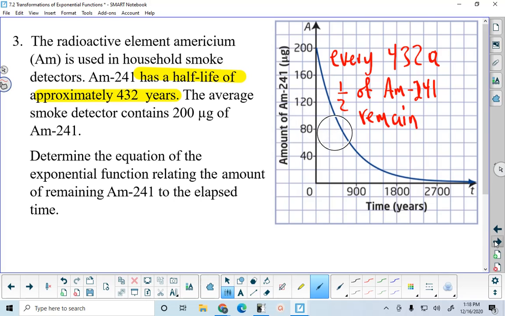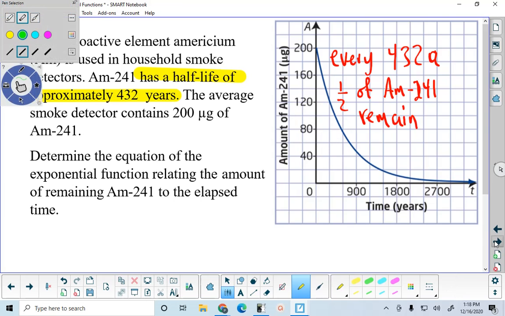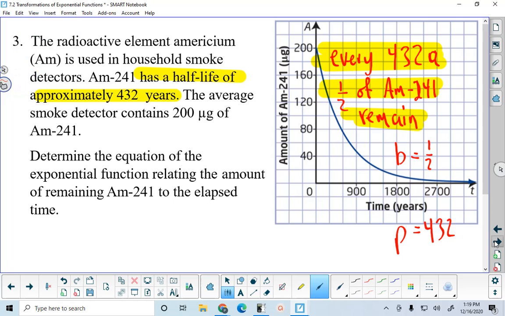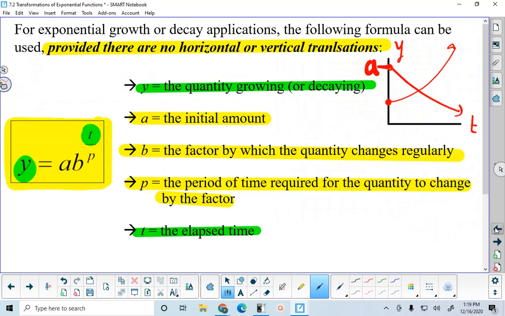Well, this is important information, everybody, because this part that I've highlighted is telling you the value of B is 1/2, and the value of P is 432 years. On this chart, P is the period of time it takes to happen.